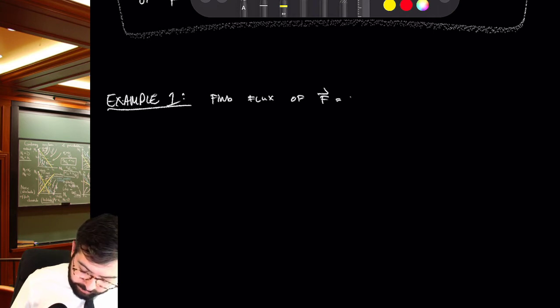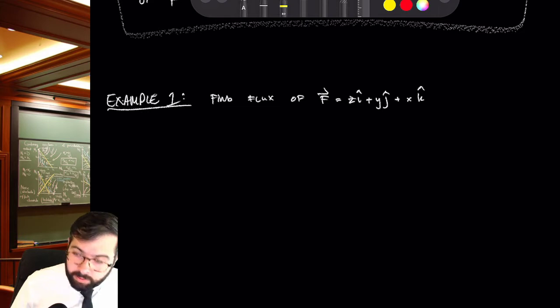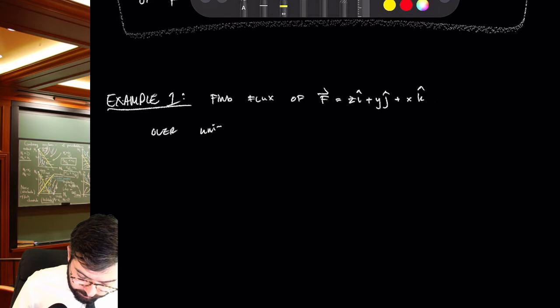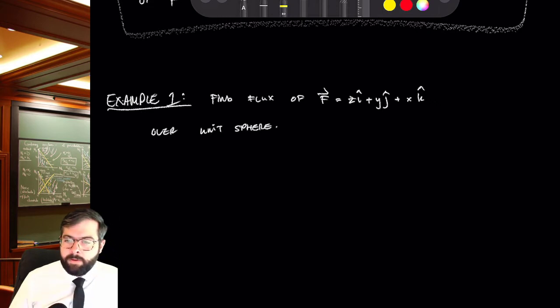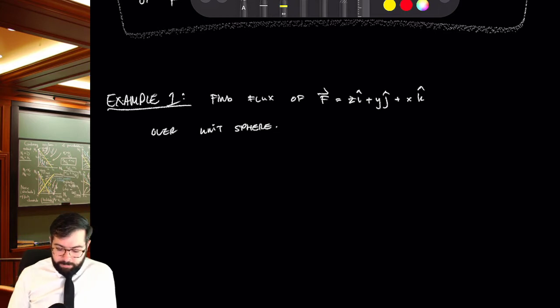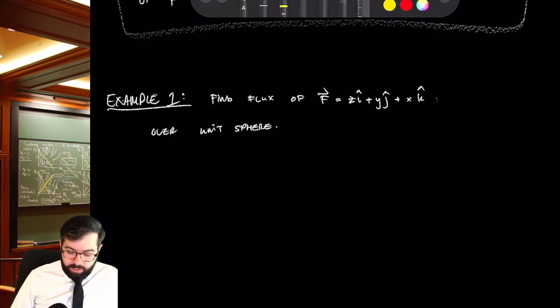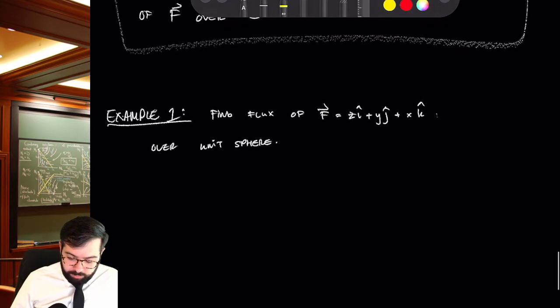So if we have this vector field over the unit sphere, well, how could we possibly use the divergence theorem to help us here?